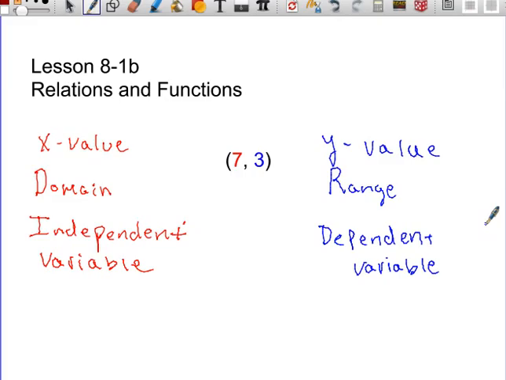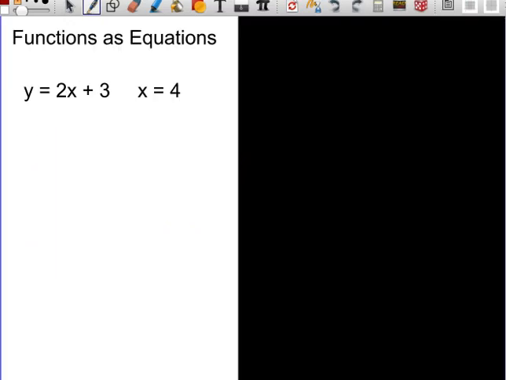All right, let's look at a new idea: functions as equations. This equation here, y equals 2x plus 3, is a function. We're not going to get into why necessarily right now. This is a form of an equation that we're going to work with later in the chapter.